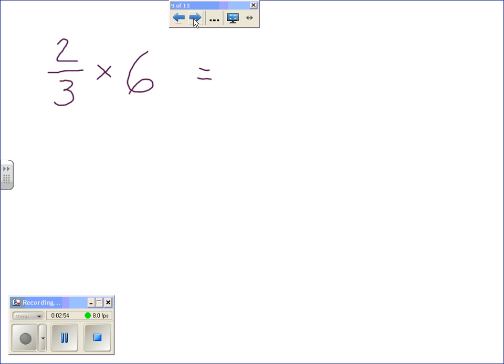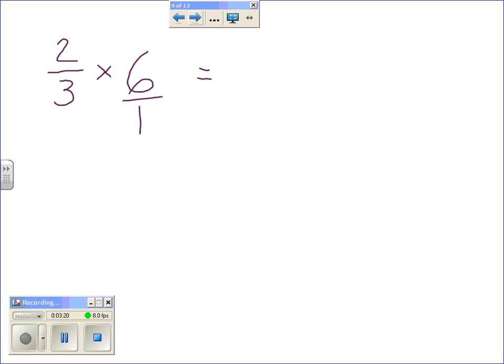The word of gives us a clue to multiply. I can multiply 2/3 by 6. We know by using fractions to change a whole number to a fraction, all we have to do is put it over magic number 1, and we can just multiply.